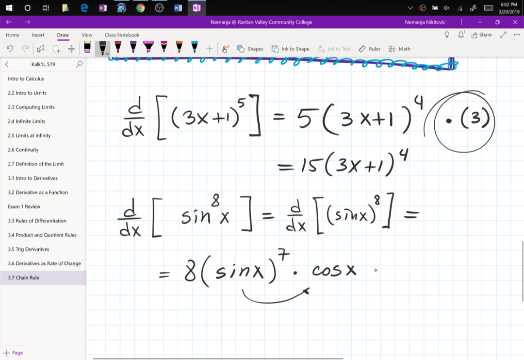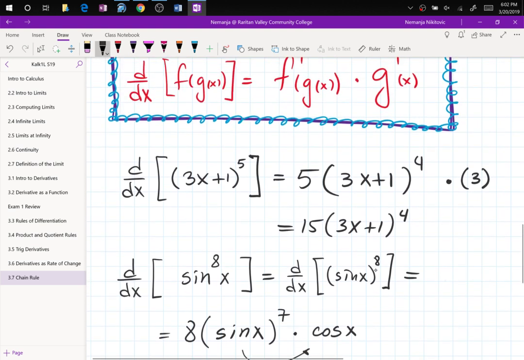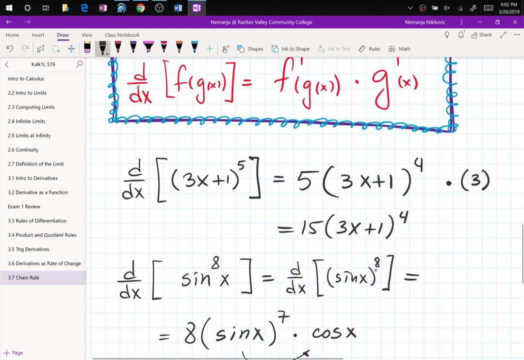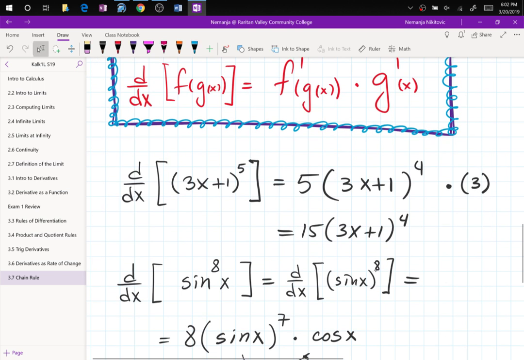So this part here is called the chain, right? The derivative of the inside. When I say the derivative of the inside, now is the time to take a look at the formula and the examples. Please observe the answers.